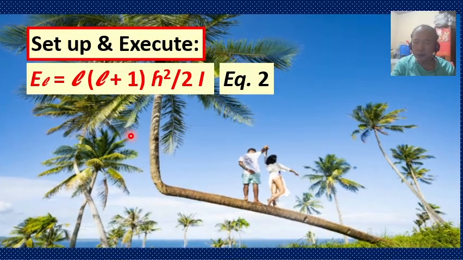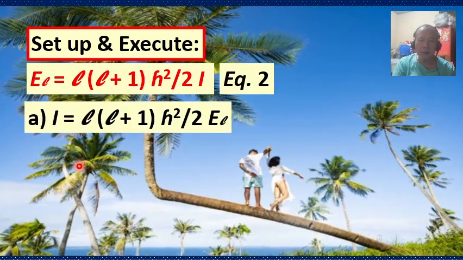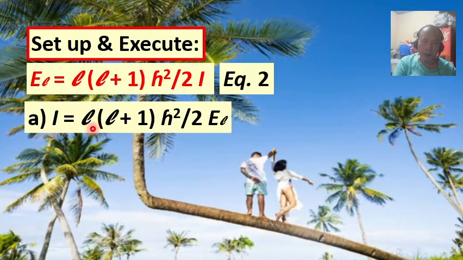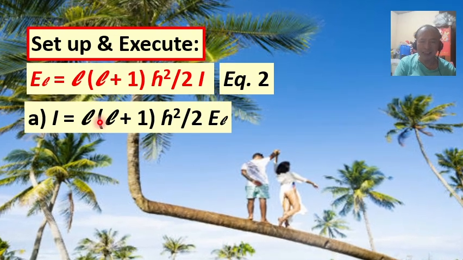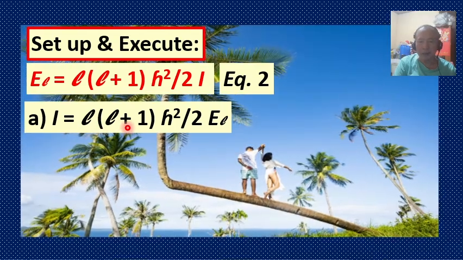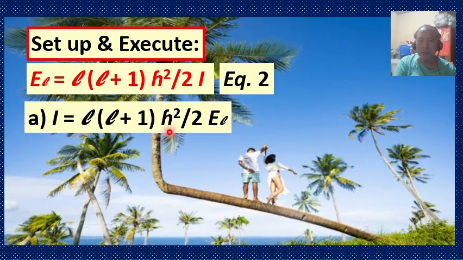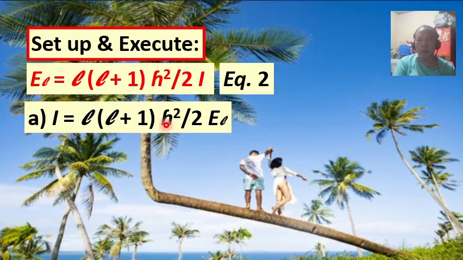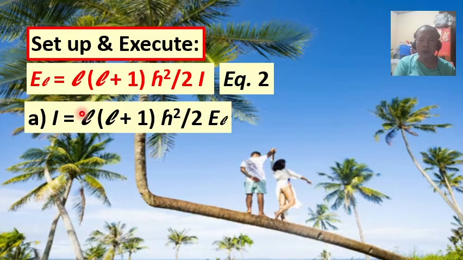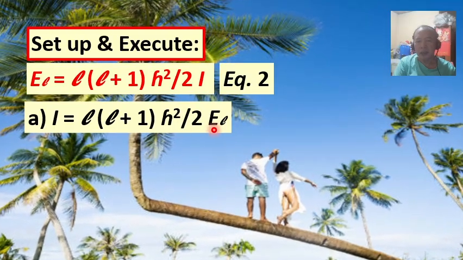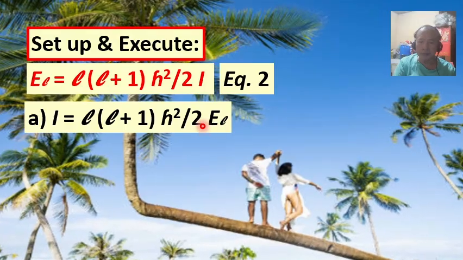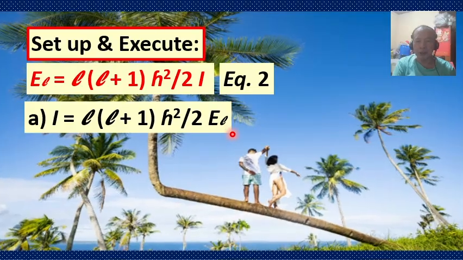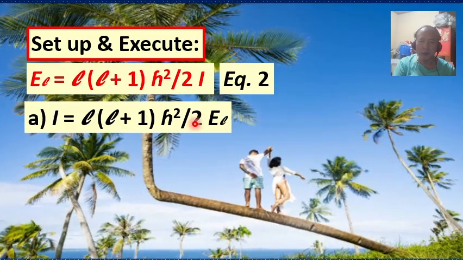That is, the moment of inertia, capital I, is equal to the rotational level, small letter l, times quantity small letter l plus 1, multiplied by the square of h bar, or Planck's constant divided by 2 pi, and then the whole thing divided by twice the amount of the energy, capital E sub L, or the photon energy that we have already computed earlier.